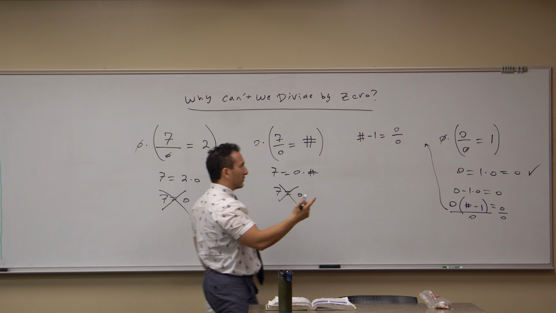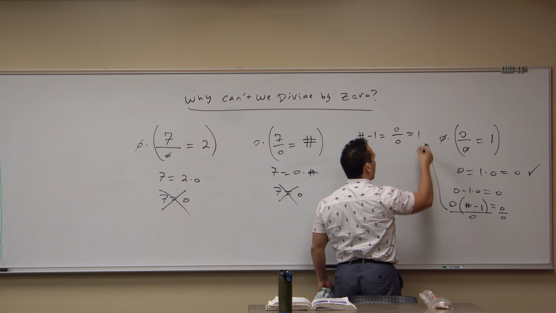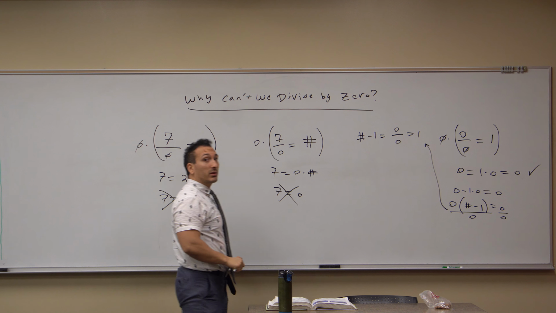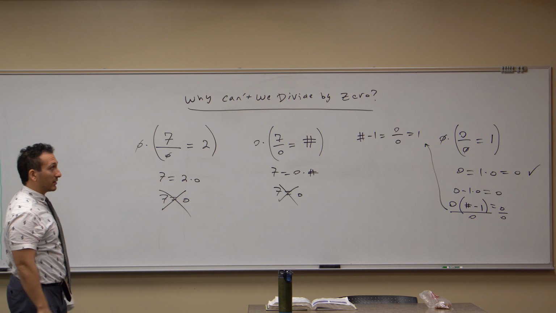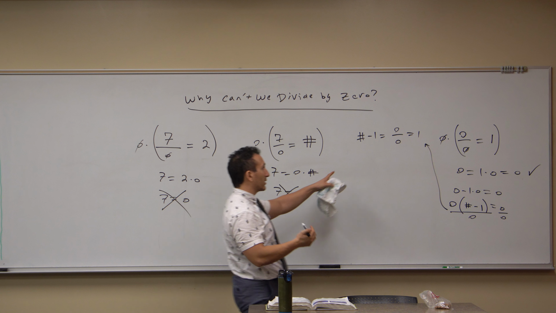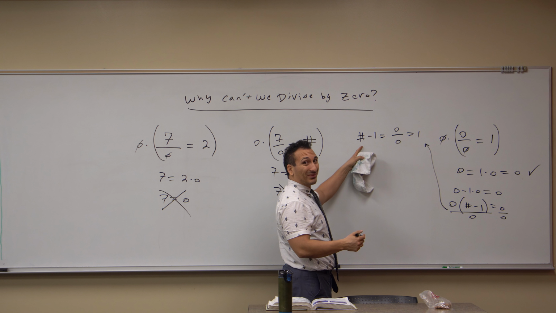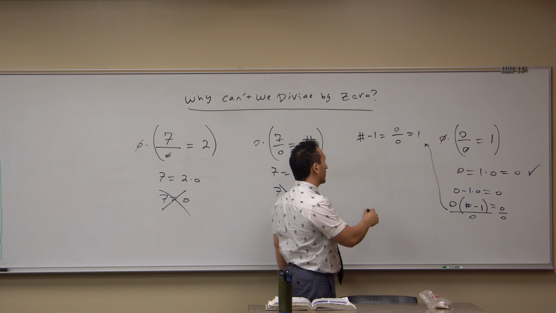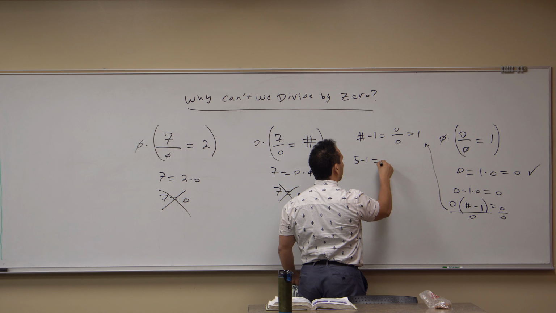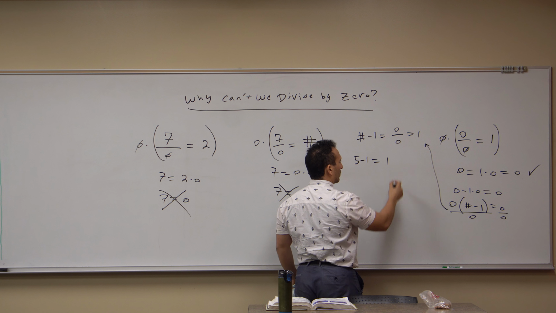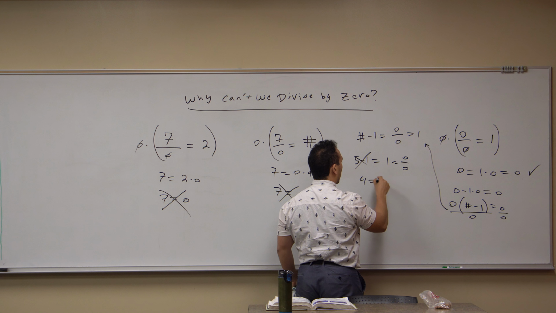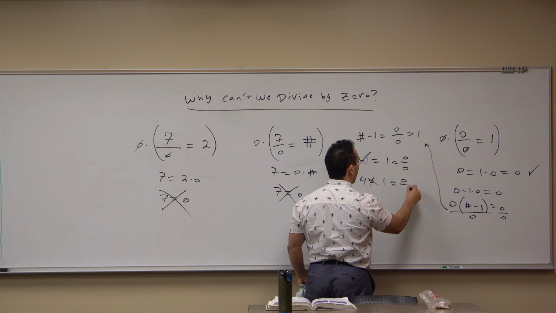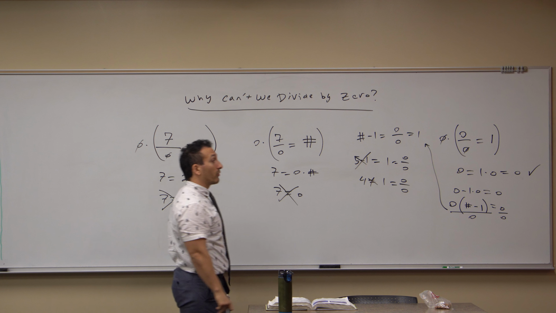But 0 over 0 should have equaled 1, right? We assumed 0 over 0 equaled 1. That was our original assumption. But I can pick that number to be 5 because it's arbitrary. So then I have 5 minus 1 is equal to 1, which is equal to 0 over 0. But that's not true because 5 minus 1 is 4, and that does not equal 1, which is supposedly equal to 0 over 0.